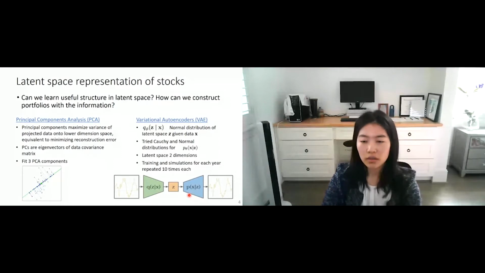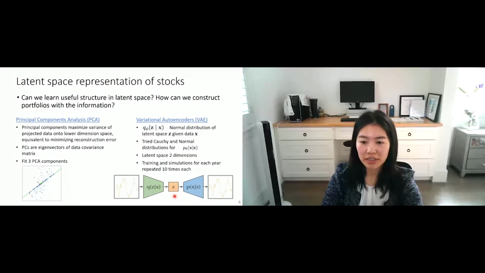And then P is a distribution that gives the reconstructed data given the latent space. And we chose 2 different distributions for this. So we actually had 2 variational autoencoders. We used a Cauchy and a normal distribution. And we wanted to try the Cauchy distribution because finance data is known to have fat tails.